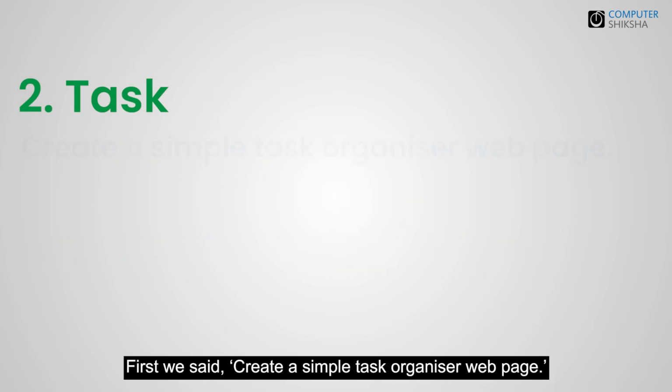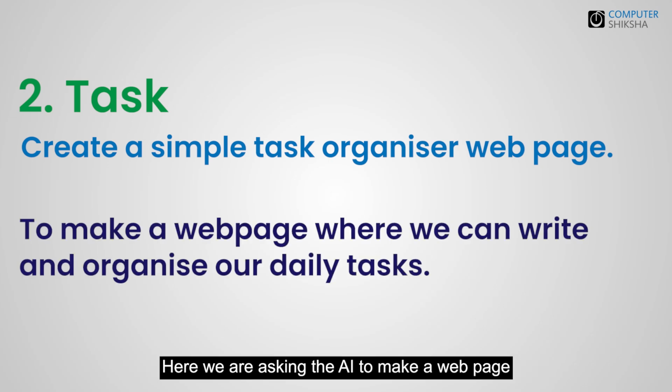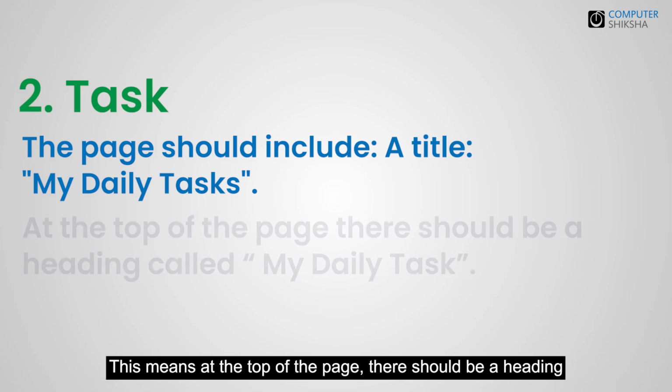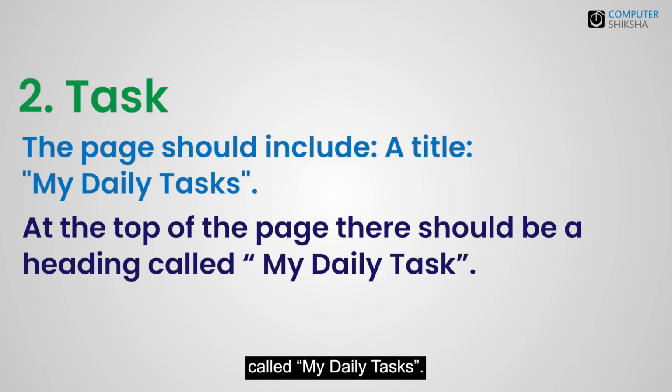First we said, create a simple task organizer web page. Here we are asking the AI to make a web page where we can write and organize our daily tasks. Then we said, the page should include a title, My Daily Tasks. This means at the top of the page, there should be a heading called My Daily Tasks.